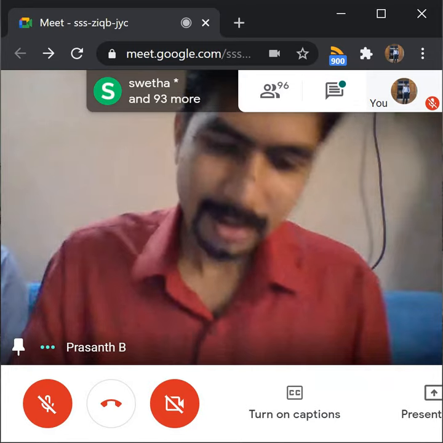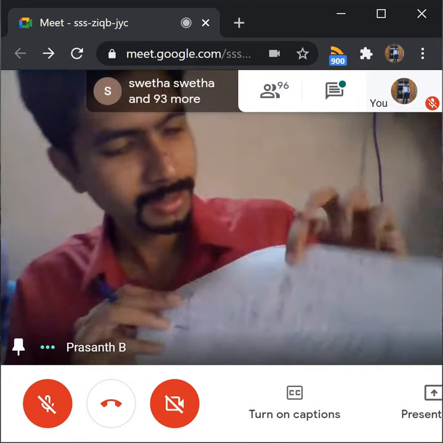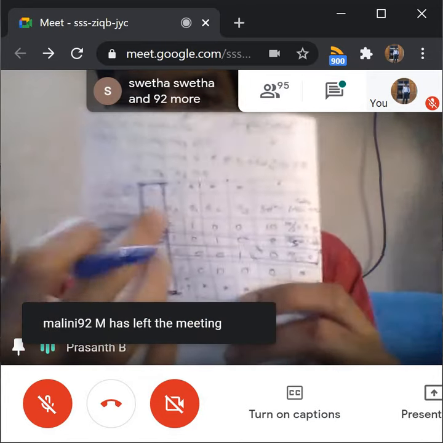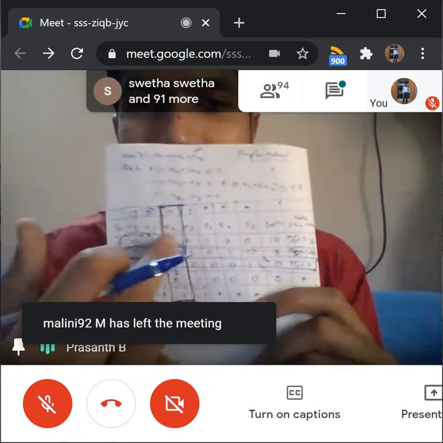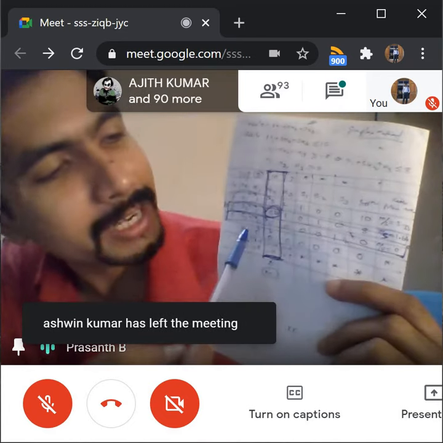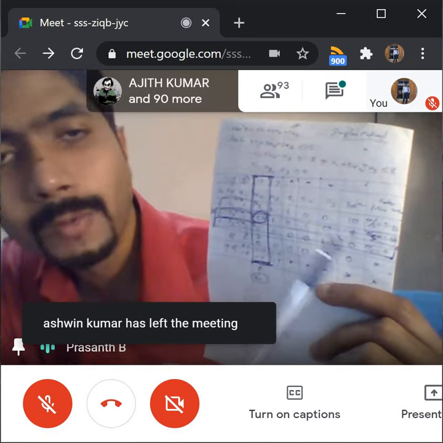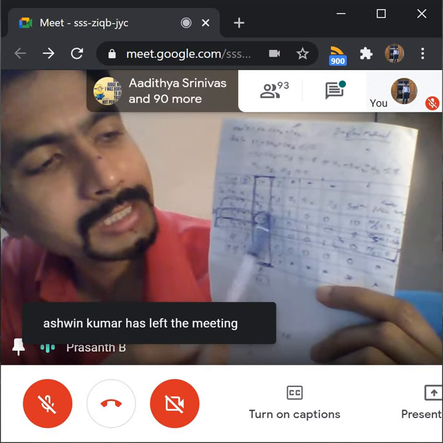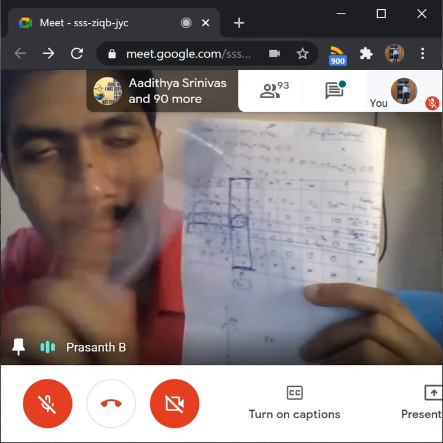Next, see here. In the first simplex table, where was the key element? Here, correct? The key element was in the second row. Now this 5 I have made it to 1.